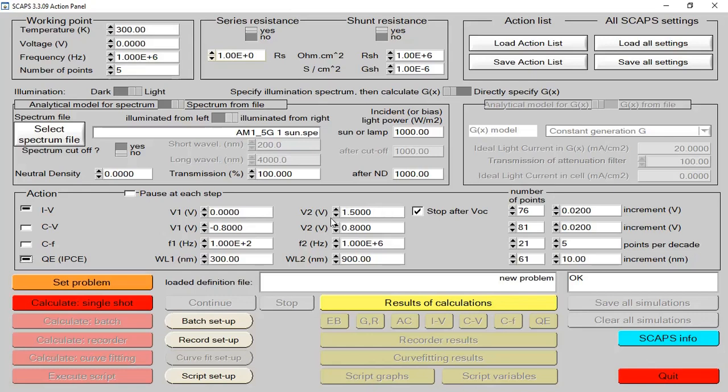I have kept my V2 value at 1.5. You can set this value to 1.3 or 1.2, depending upon the type of your perovskite. If someone is using tin-based perovskite, he should know that the highest VOC value for tin-based is around 0.8, so he should use a V2 value a little bit higher than the actual VOC of the tin-based perovskite.